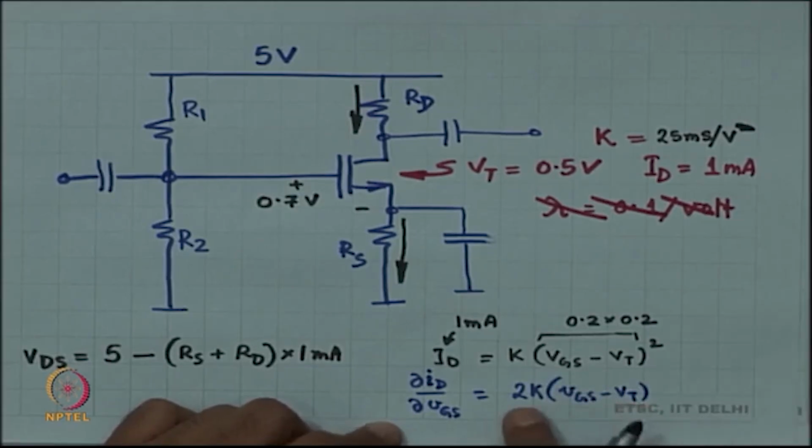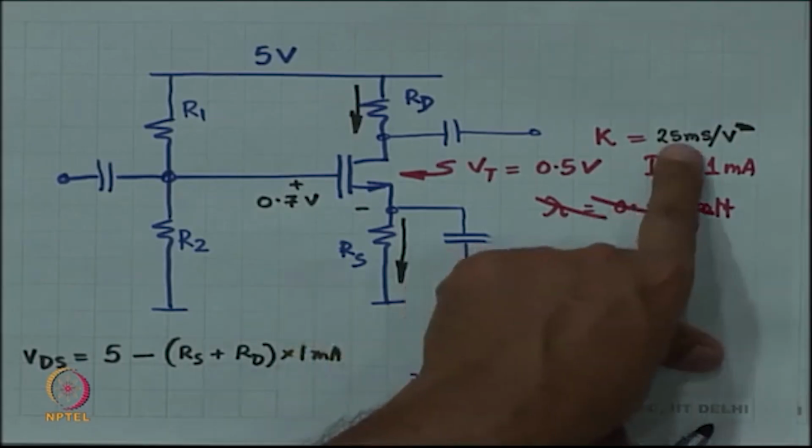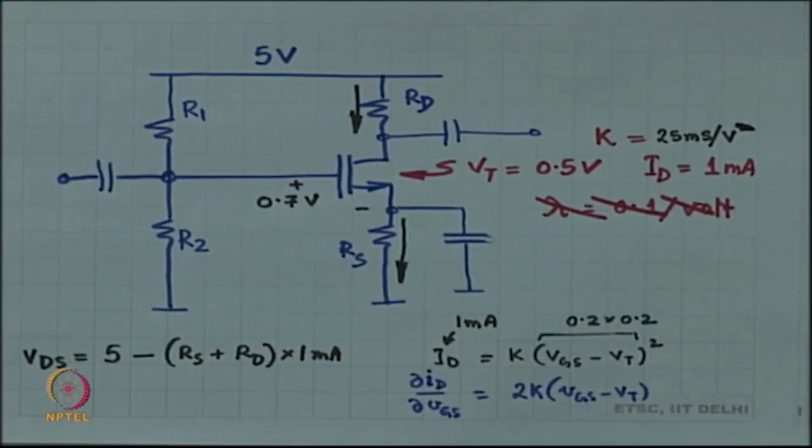VGS minus VT was 0.2, 0.2 times 2 times K. So, 0.2 times 2 is 0.4 times K, which was 25 millisiemens per volt, right.